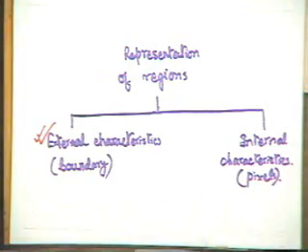Now in the case of boundary based representation, the features which we normally choose are the length of the boundary, the orientation of the straight line joining the extreme points of the boundary, or the number of concavities present in the boundary. These are just some of the features used for the boundary representation of a region.